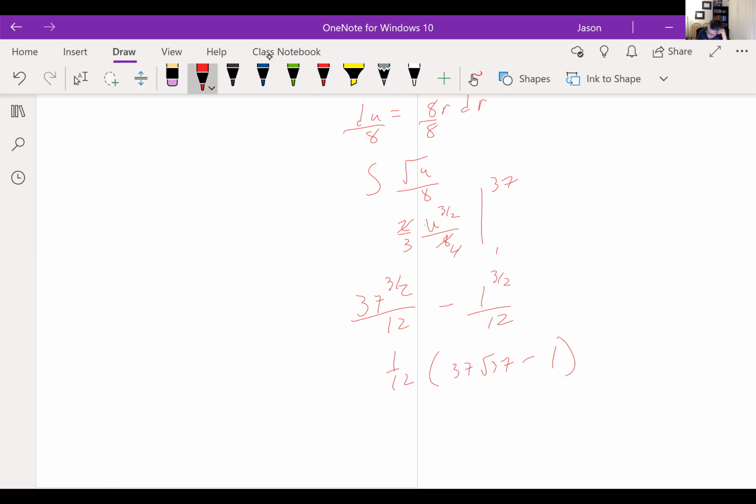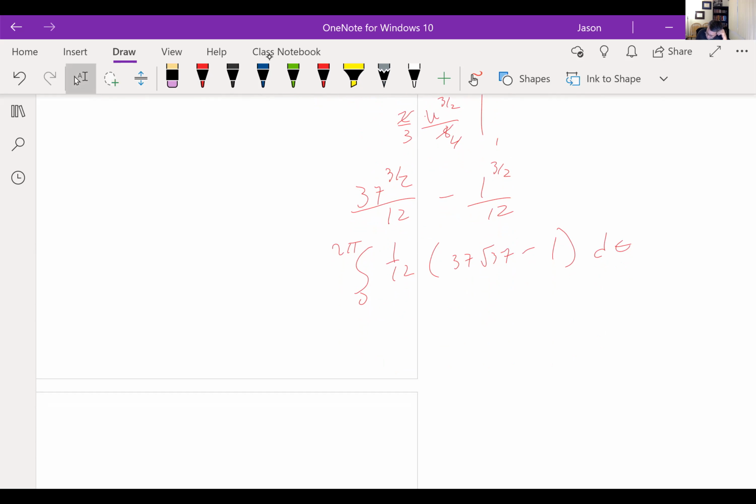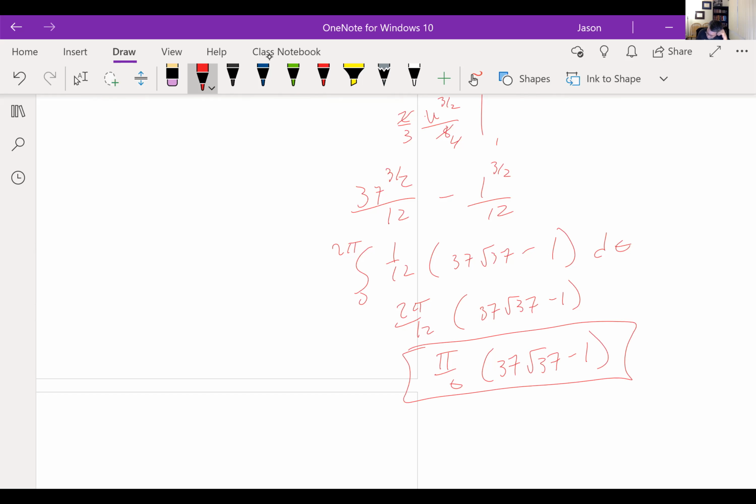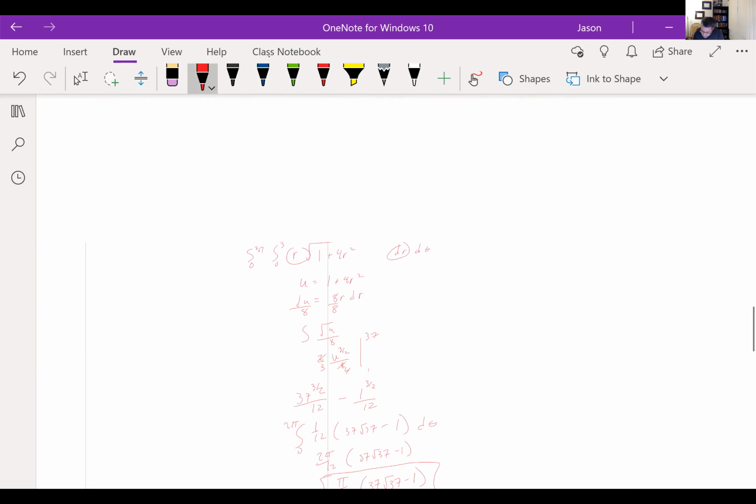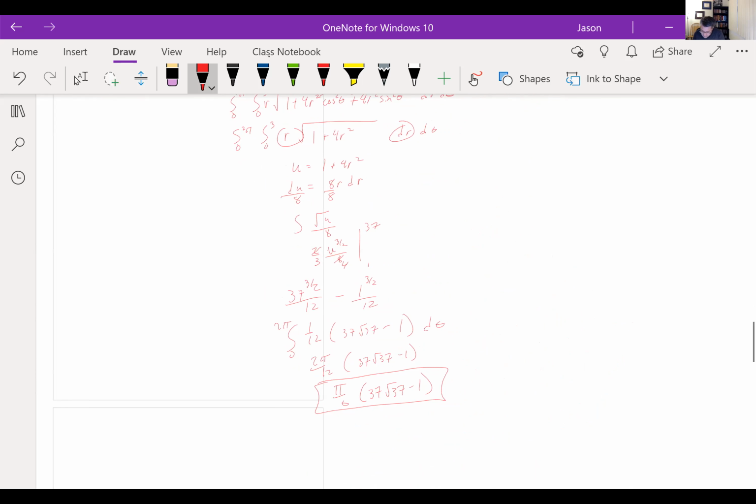Then we integrate that from 0 to 2 pi d theta. This has no thetas at all, so it's just 2 pi over 12 times 37 radical 37 minus 1, which is pi over 6 times 37 radical 37 minus 1. That's it. That was the surface area for that elliptic paraboloid.